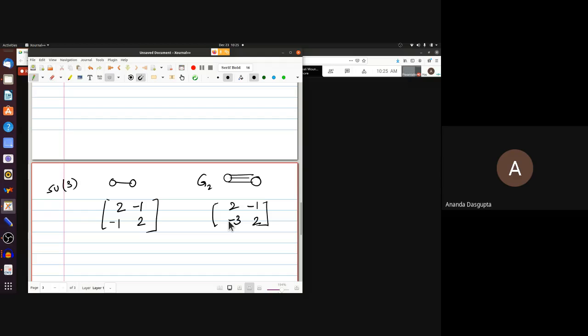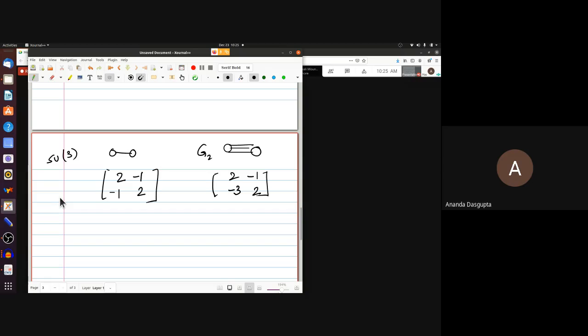You can just use the actual root vectors which you wrote down and take the dot product to find out these numbers. But even from the Dynkin diagram itself and the basic rules about the ratio of the lengths, you should be able to figure out that this is going to be the Cartan matrix. So these are the Cartan matrices for SU3 and G2.